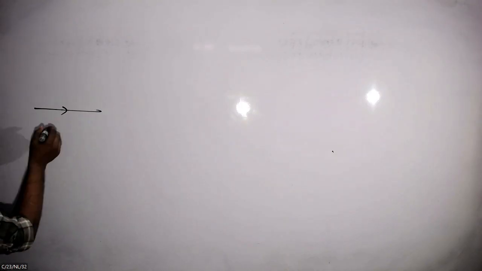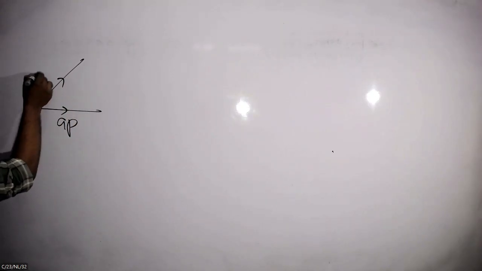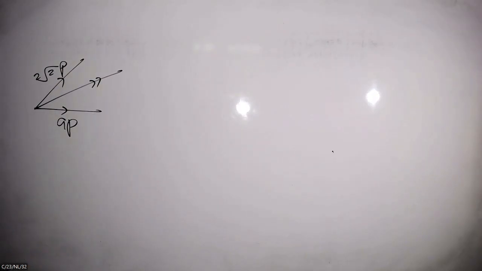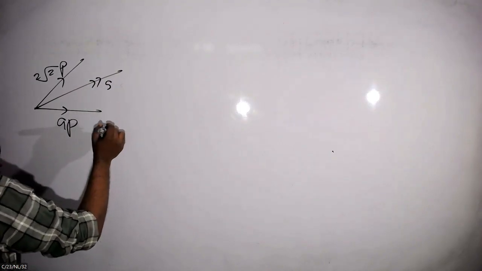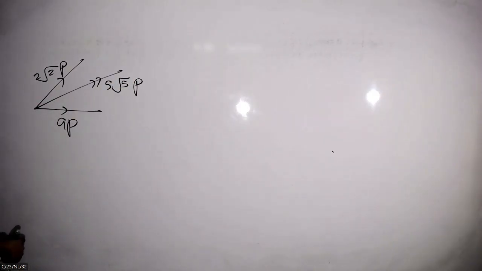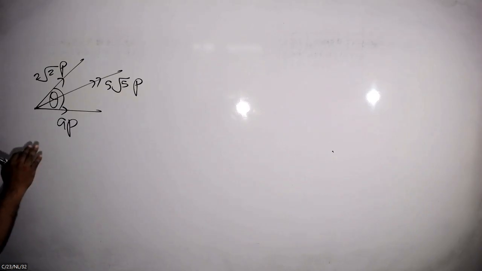Two forces are given: 9P and 2 root 2P, then the resultant of the two forces is 5 root 5P. You need to find the angle between the two vectors, theta, right? Puthe, then you can directly apply the equation to find theta, right?